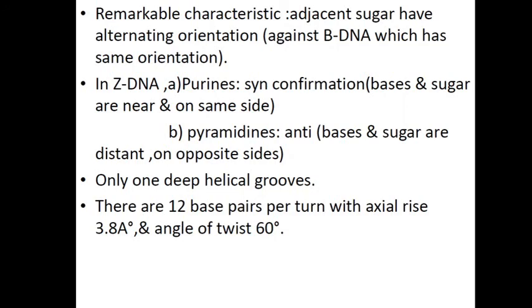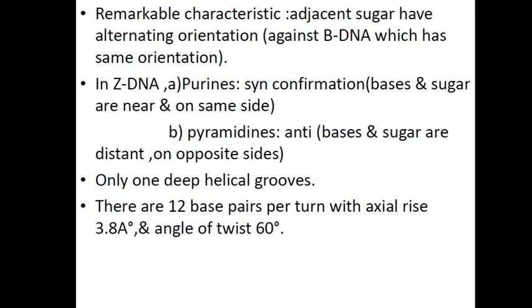They are in close vicinity to each other. That is the boat and chair structure we have discussed. While the anti-structure leads to formation of the chair-like structure. That is, the nitrogen base and the sugar are in opposite direction. So it forms the anti-structure. So in the case of the Z form of DNA, the purines are in their syn conformation, but the pyrimidines are in the anti-conformation.